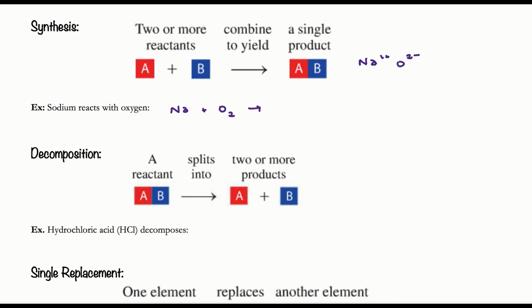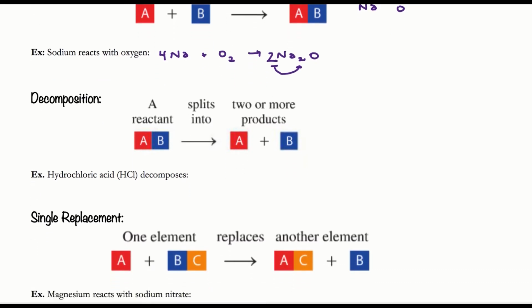Well, this would give me Na2O. I'm going to really quickly balance. I've got 2 oxygens on my reactant side, 1 on my product side, so I know this has to be a 2 in front. Then 2 times 2 gives me 4, so I need a 4 in front of sodium. So that is a synthesis reaction. Take 2 separate components, combine them together, and you've got your one product.